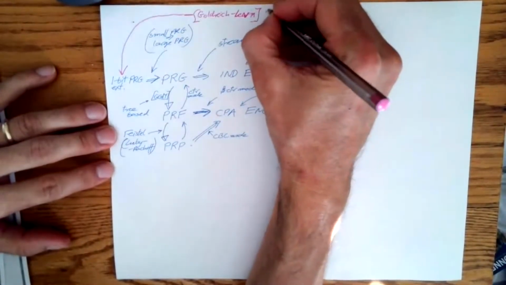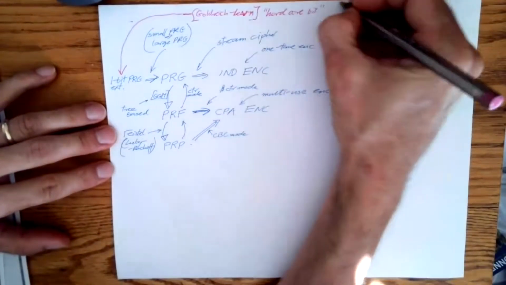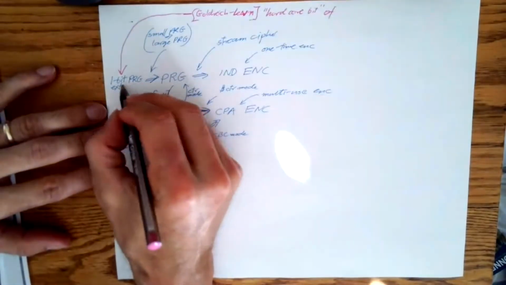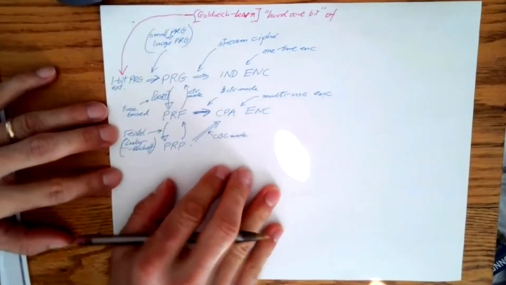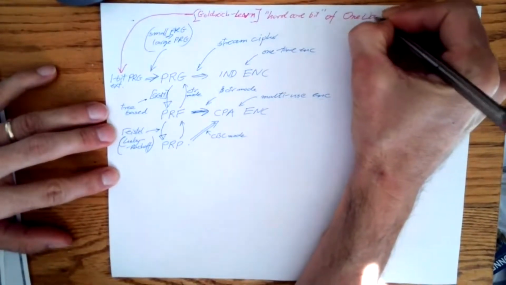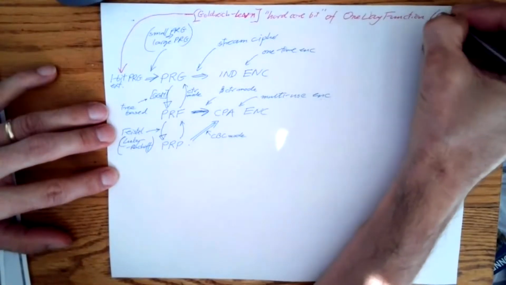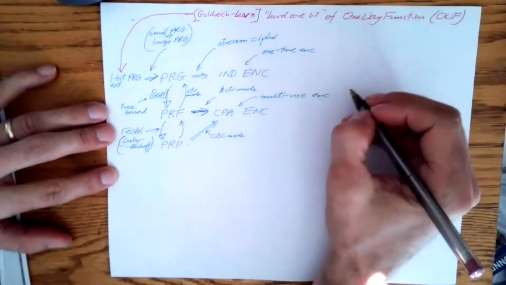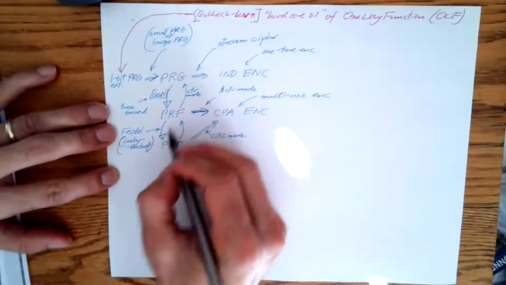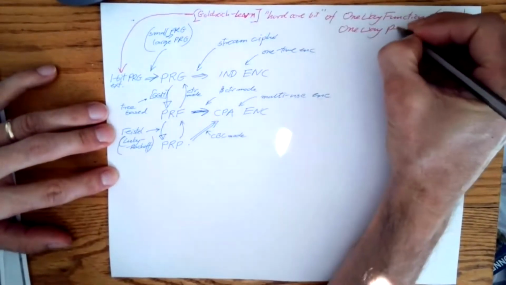analysis of something called a hardcore bit, of something even simpler than a one-bit extension PRG. That's called a one-way function, and its variant, one-way permutation.